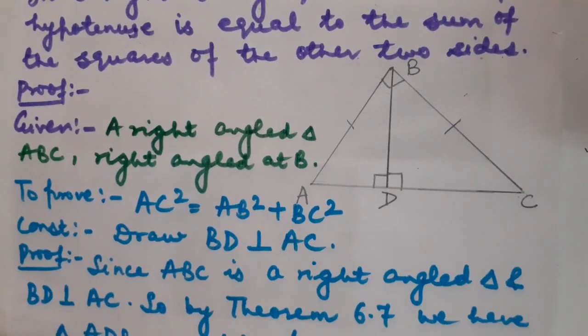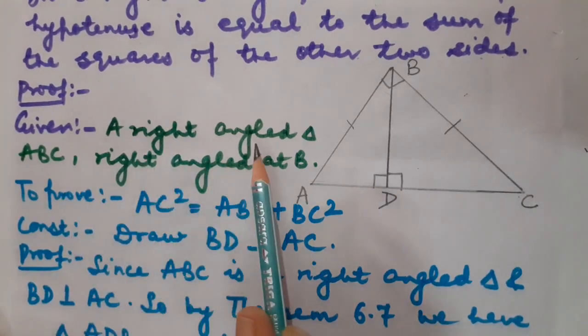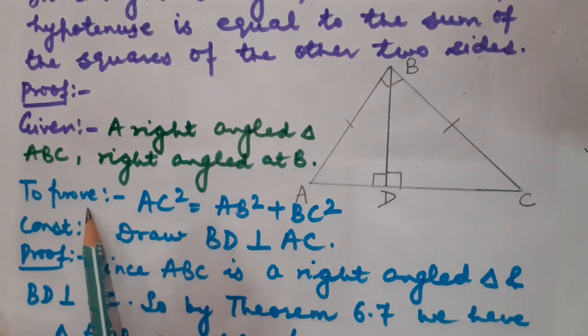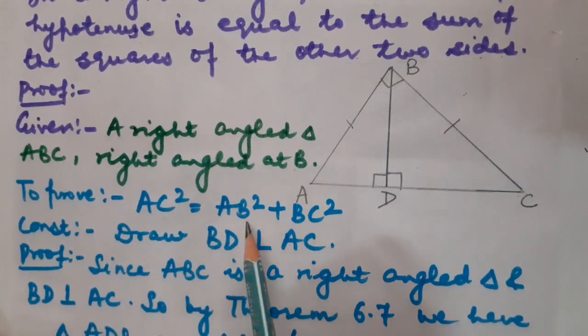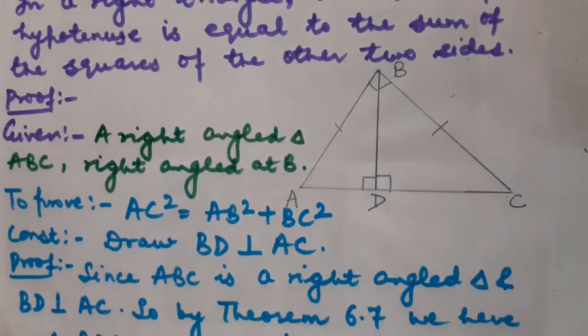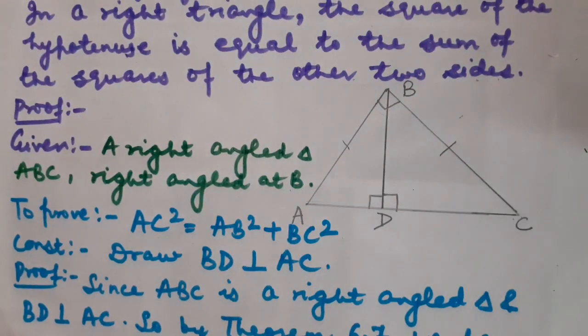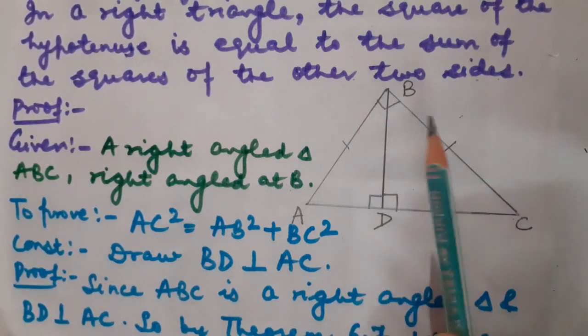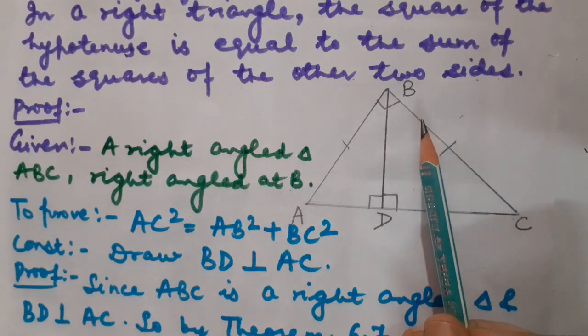So let us start. Given a right angled triangle ABC, which is right angle at B. To prove AC square is equal to AB square plus BC square. Now children, as I told you, to prove Pythagoras theorem, we have to use the proof of theorem 6.7, or even we can use its statement also. Fine.